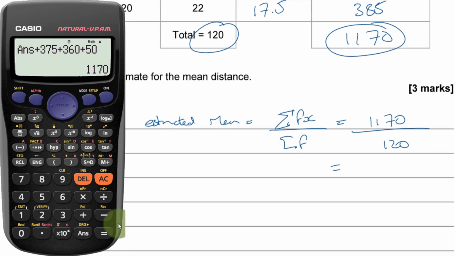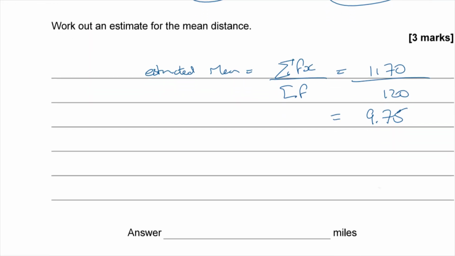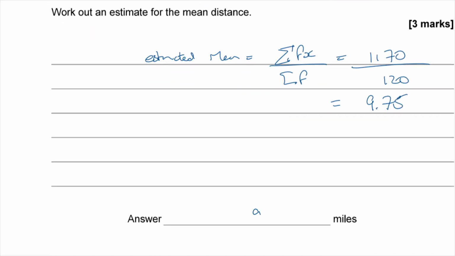Okay, just type that into the calculator again. 1170 divided by 120 is 9.75. Okay, so that's my answer, 9.75.